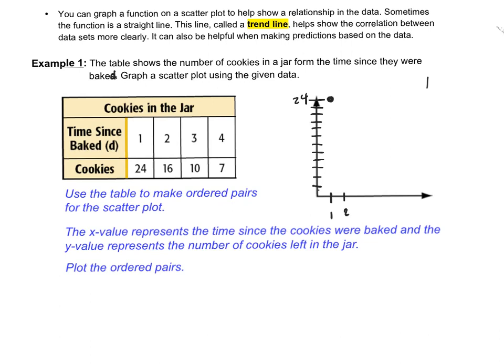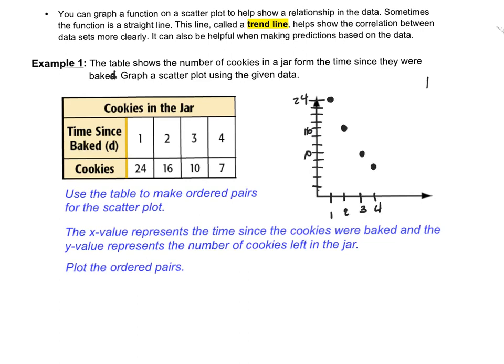At day 2, there were 16 cookies, which is right here. Actually, it's right up there. So day 2 is 16. Day 3, there was 10. Day 4, there were 7.